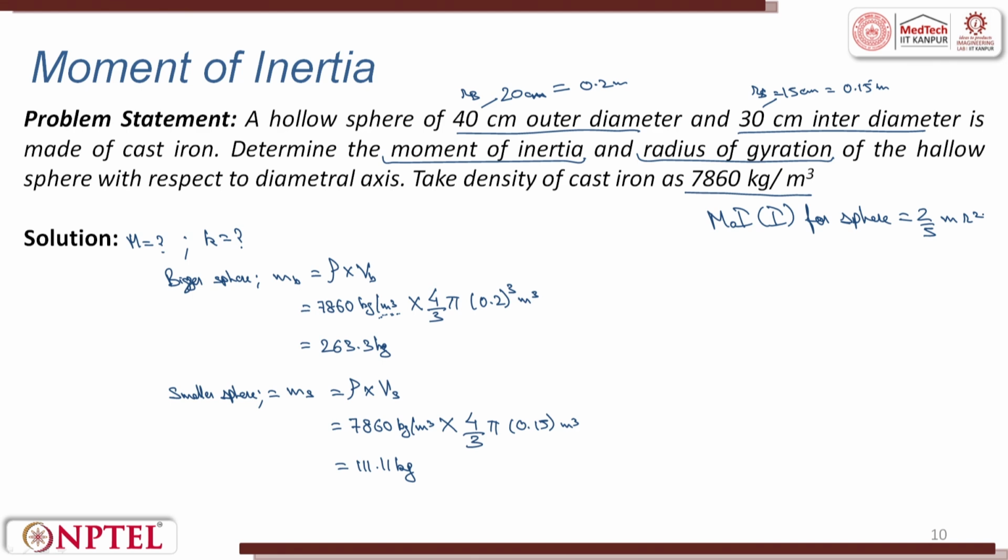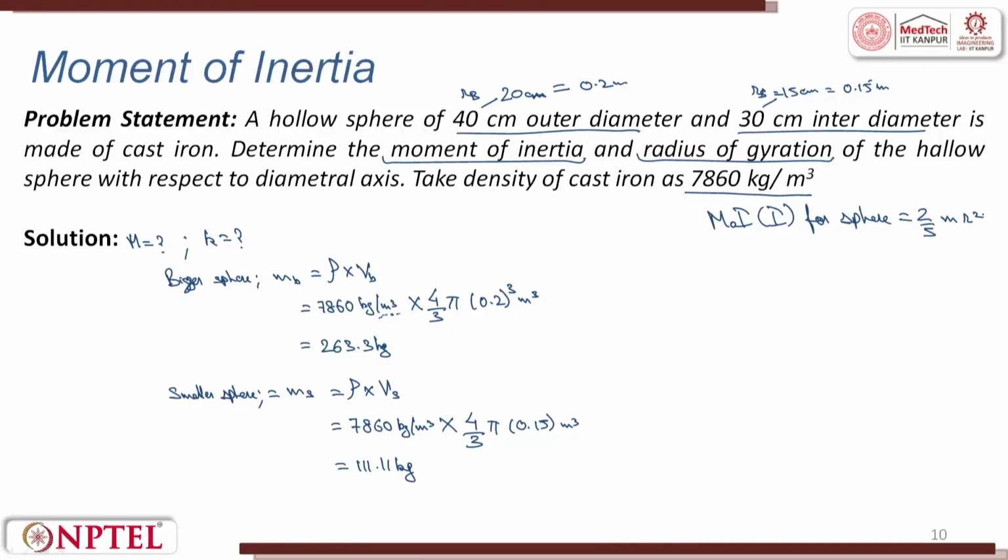We have the hollow sphere here. We know the mass and radius of the bigger sphere, and the mass and radius of the smaller sphere. So the moment of inertia for the resultant body, that is bigger sphere minus smaller sphere, has to be taken.